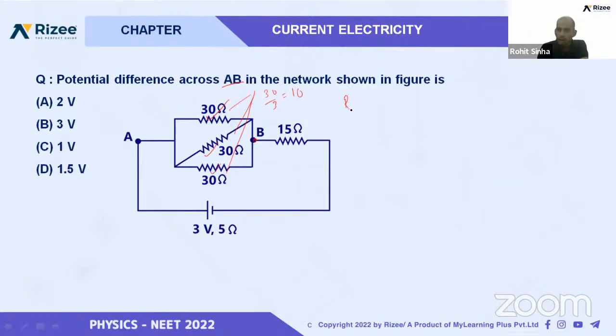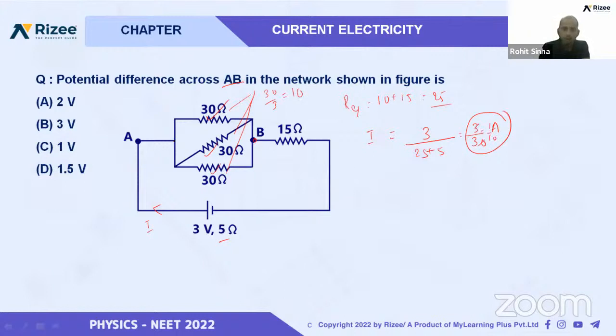Total R equivalent is 10 plus 15, that is 25. Now, current flowing through this circuit I will be equal to total EMF, 3 volt, by total resistance 25, and internal resistance is present here, 5. It comes to be 3 by 30, that means 1 by 10 ampere.